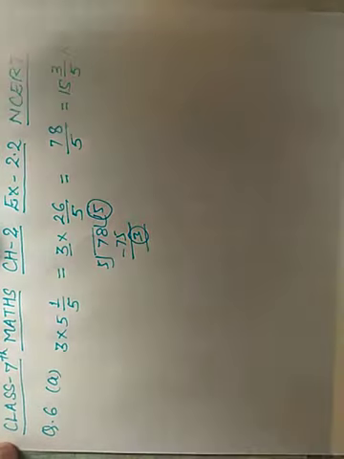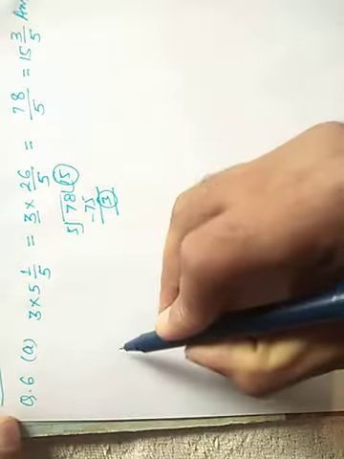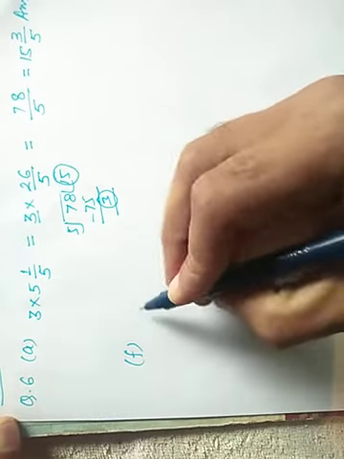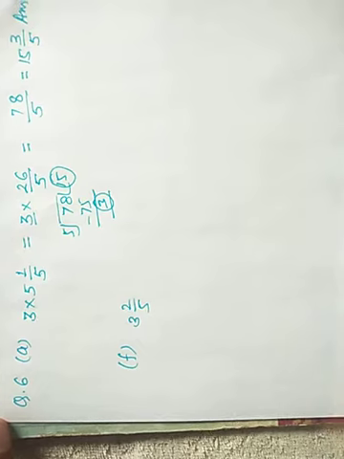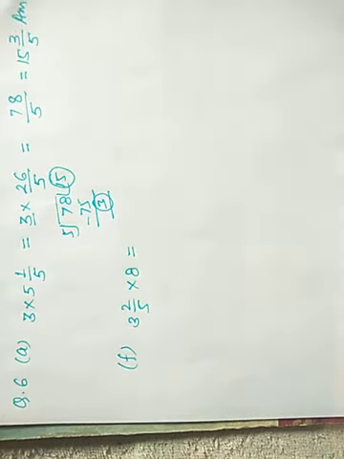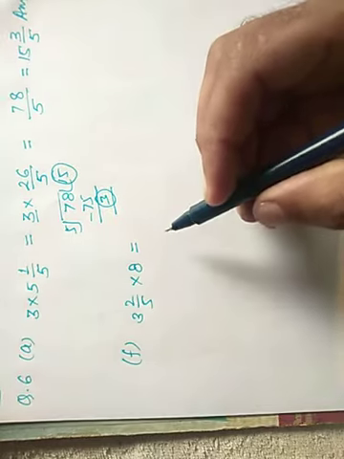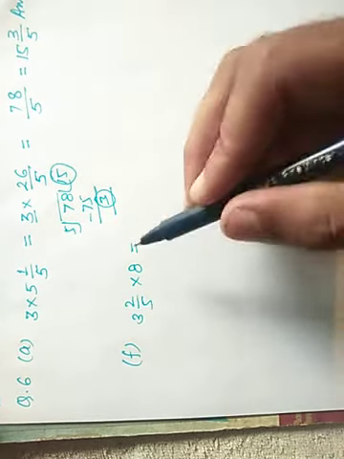Let us solve one more part, part F. It is given here as 3 2 upon 5 into 8. Similarly here we have to multiply. We have to convert the mixed fraction into an improper fraction.